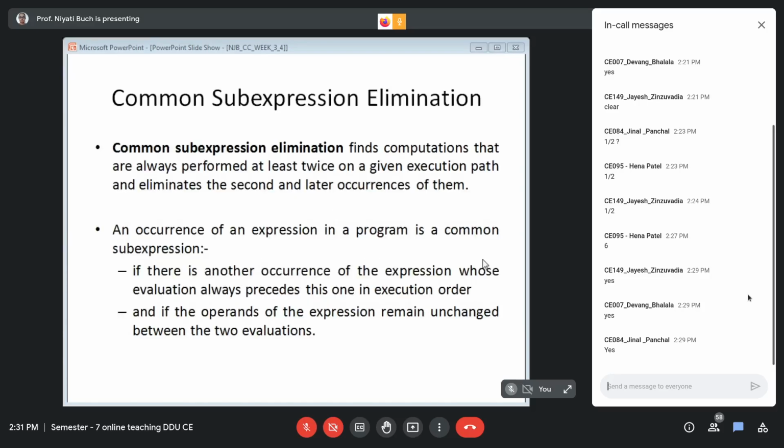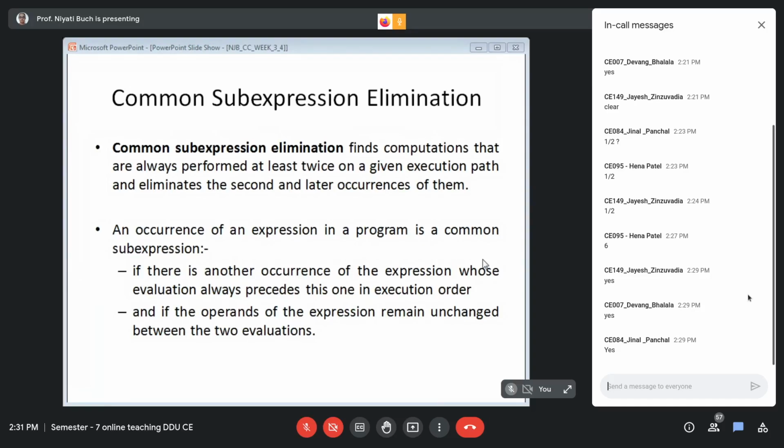Okay. So, if you remember, one week back we had discussed common sub-expression elimination techniques, and we know that it is one of the optimization techniques. We had introduced ourselves and started off the subject from that point. In common sub-expression elimination, we have to eliminate the second and further occurrences of certain computations.